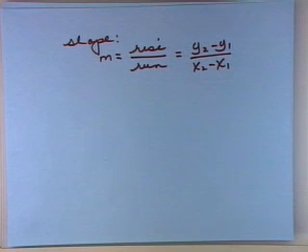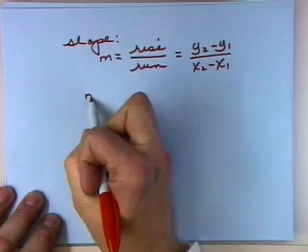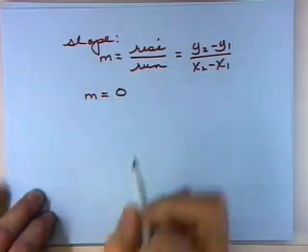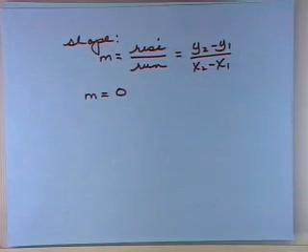Could the slope of a line be 0? Tell me about that line. Horizontal line, right? Now think about that for a second. If the slope is 0, what makes a fraction 0? When the top is 0. When the numerator is 0, the denominator can be anything you want it to be except 0.